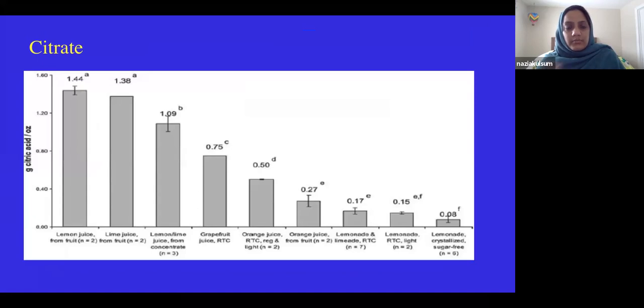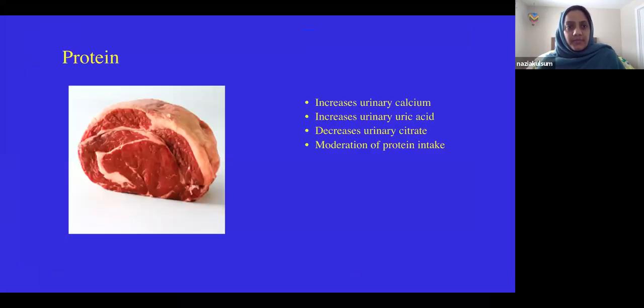So last thing I would like to highlight is citrate is very high in fresh fruit, lemons and limes, rather than your lemon juice bought from the store, including orange juice. So we recommend fresh lemonade made at home, 4 ounces a day for citrate consumption.